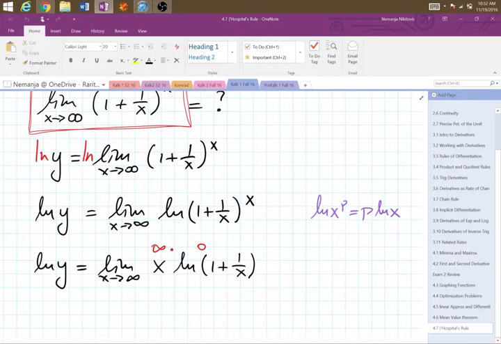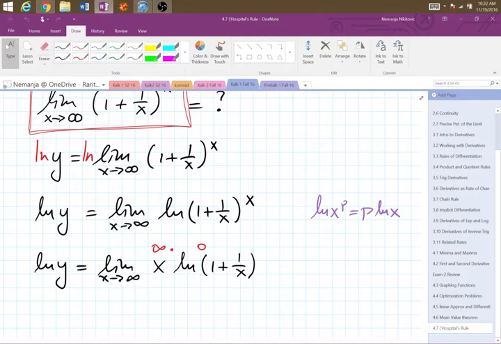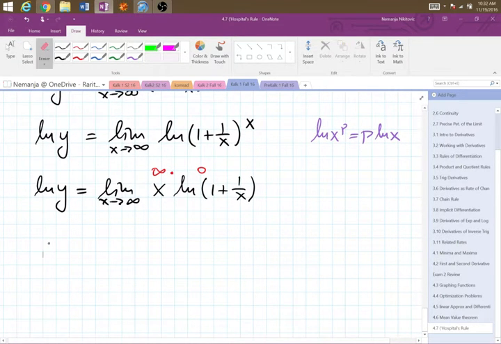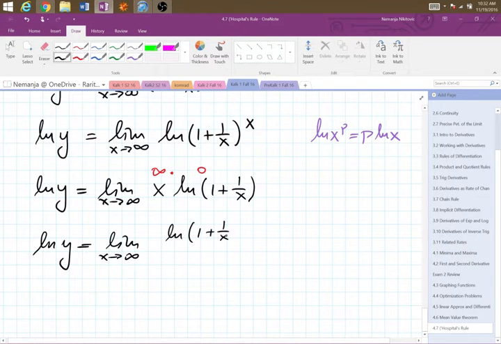Once we have infinity times 0, we can use our 1 over f trick and get ln y is equal to the limit as x goes to infinity of ln(1 plus 1 over x) divided by 1 over x, which is 0 over 0.